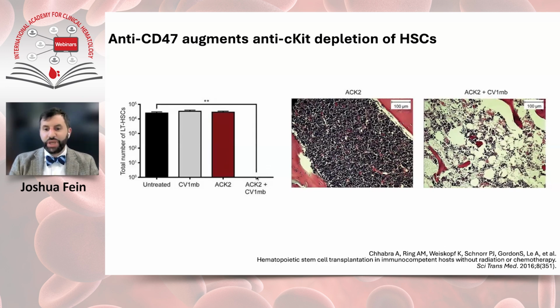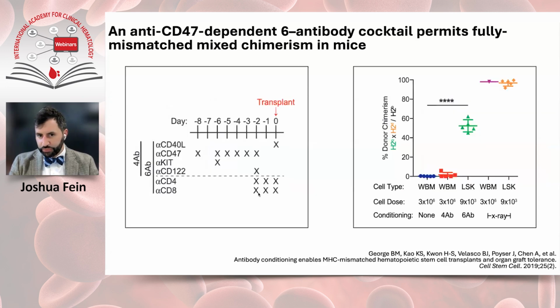But if they're paired, if you put together CD47 depletion and c-Kit depletion, CD117 depletion, you actually go from a marrow that looks like this with just the c-Kit to a marrow that looks like this. And you can actually deplete the marrow of HSCs.